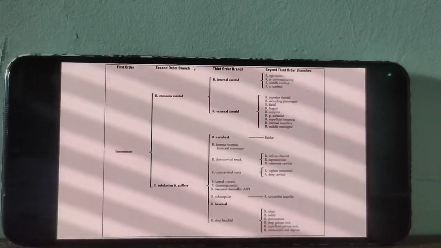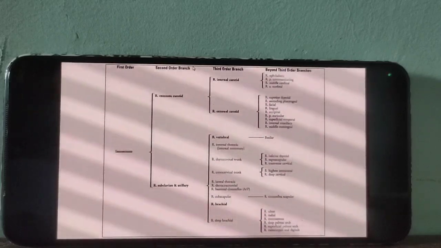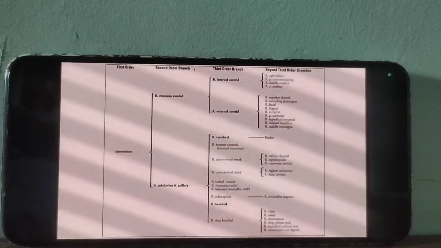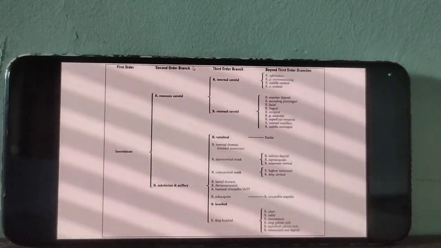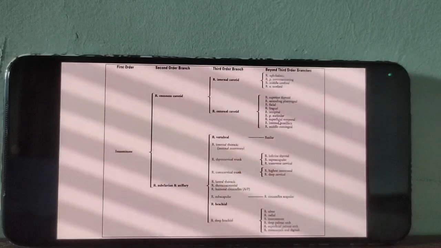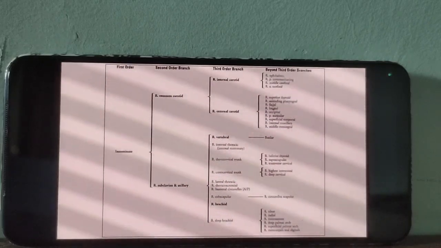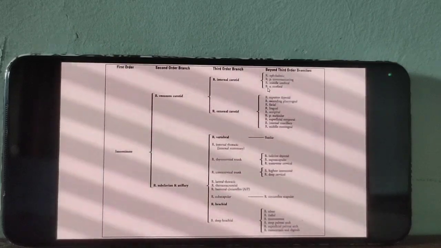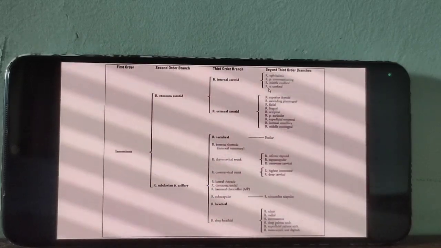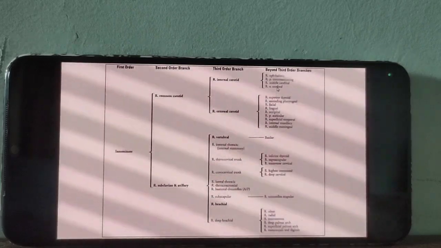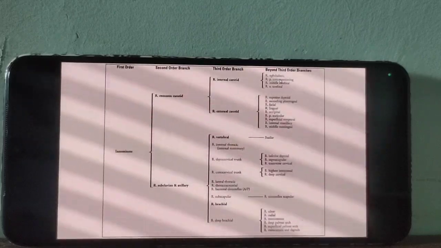Now, right lingual is beyond the third order. Right lingual, right facial, right anterior cerebral artery, right posterior communicating artery.